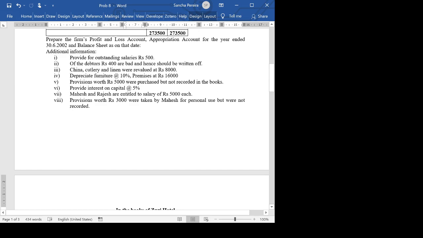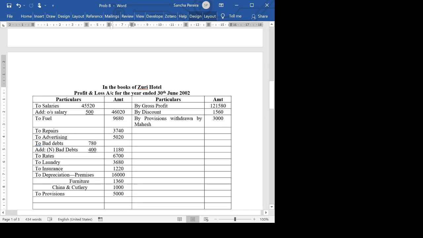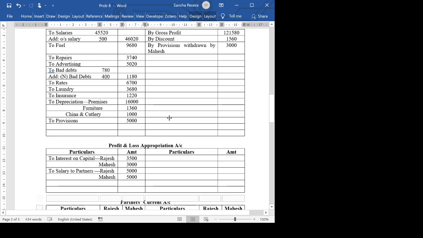Okay. Now we need to close. The total this side is 126,140.